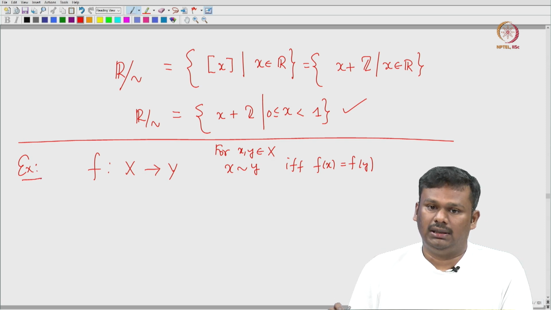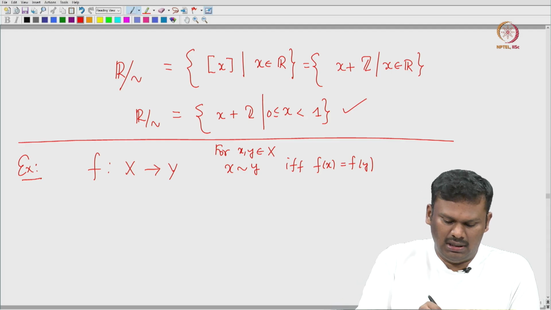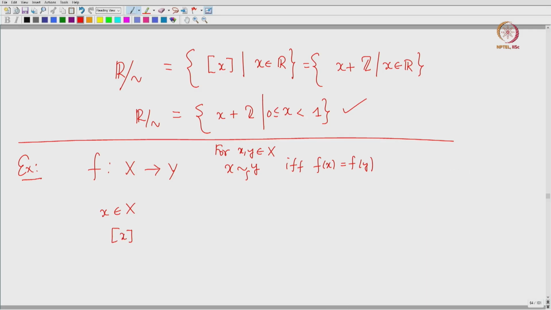And what will be the equivalence class associated with a given element? Let us fix some x in X and look at the class of x with respect to this relation. Okay. So, this is going to be collecting all possible y in X such that f of x is supposed to be equal to f of y.